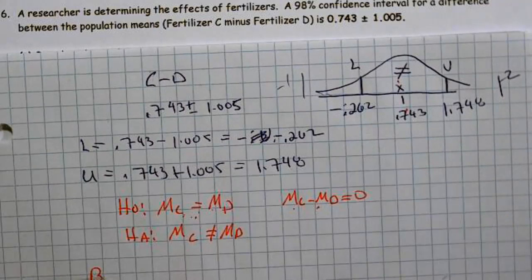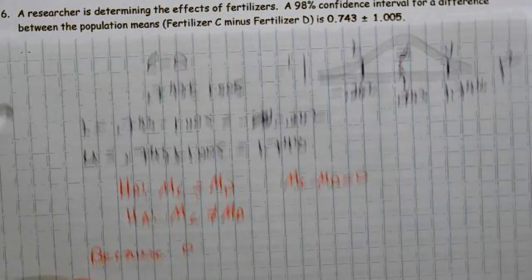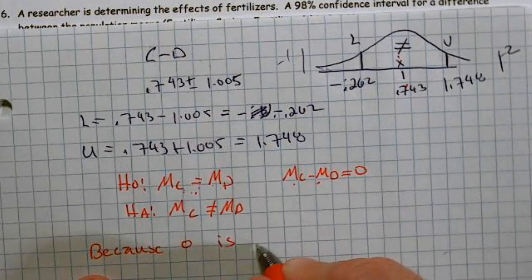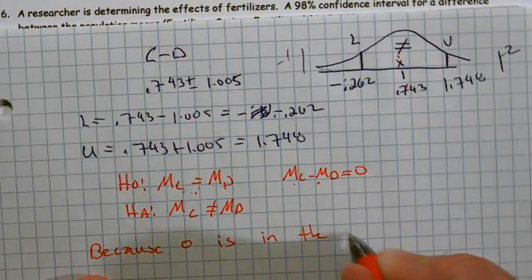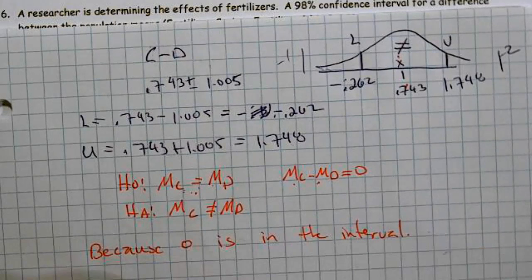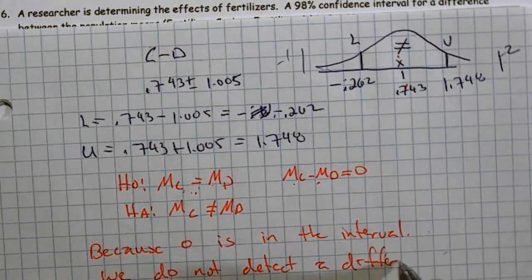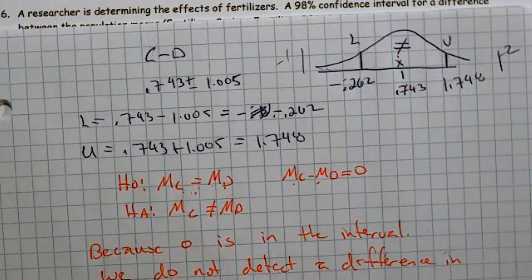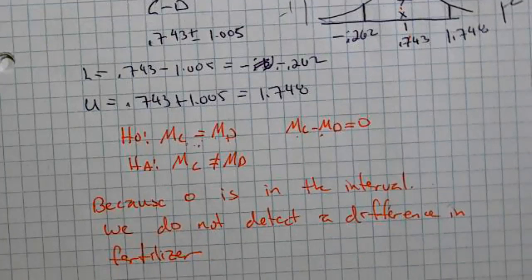So because 0 is in the interval, we do not detect a difference in fertilizer. In other words, they're equal, and you can say that they're equal.